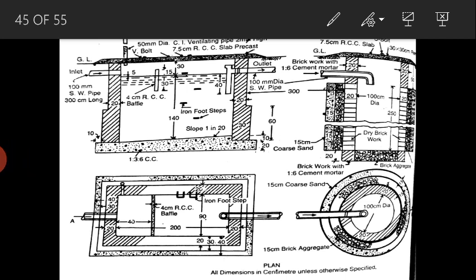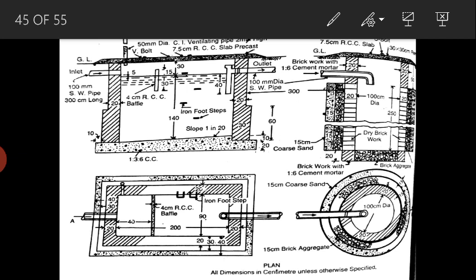Then automatically it moves towards the settling property. The settled sludge will be transferred to the soak pit, where it is completely disposed of.